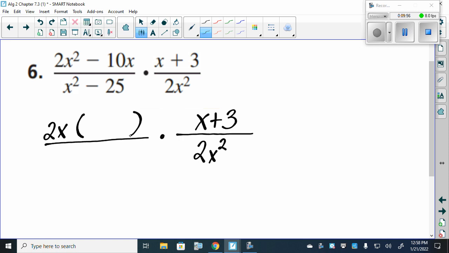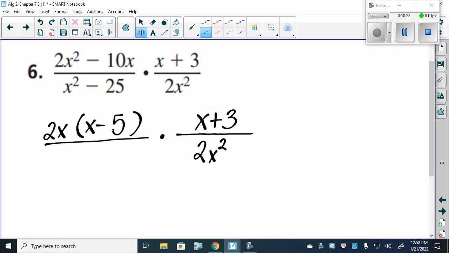Now, if we factor 2x out of 2x squared, we're left with x minus 5. Because for 2x squared, the 2 would factor out completely, and we would remove 1x from x squared, leaving us with x. And we'd factor a 2 out of 10. 10 divided by 2 would give us 5. And the x would factor out completely.